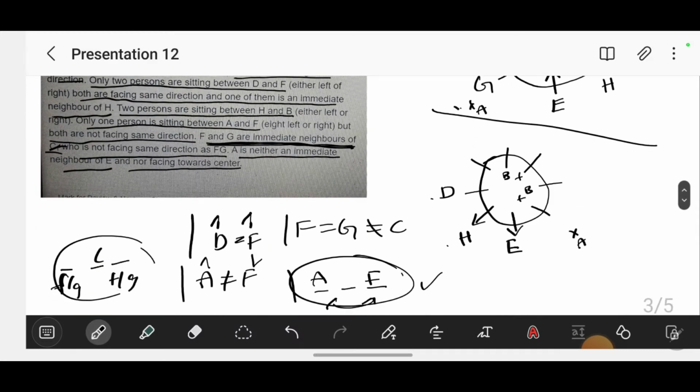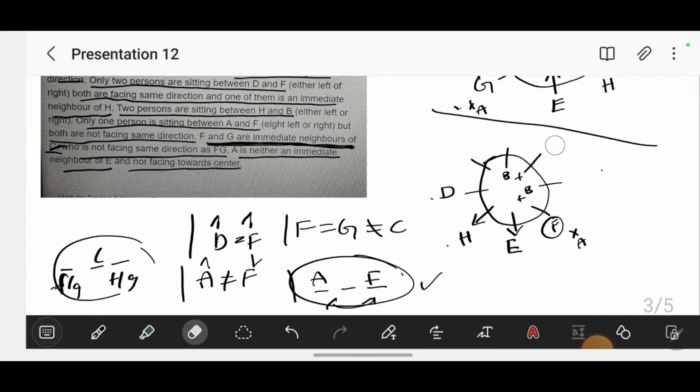And in this case also we will take like that. If F is here, then A should be, as A is not here, so F is here. Okay, first case should be wrong, no? Take, if F is here, then A is here, then you can't put C, because if you put C here, then where did you put G?